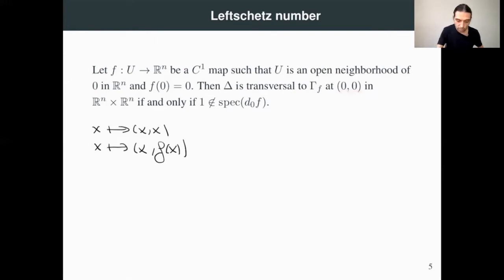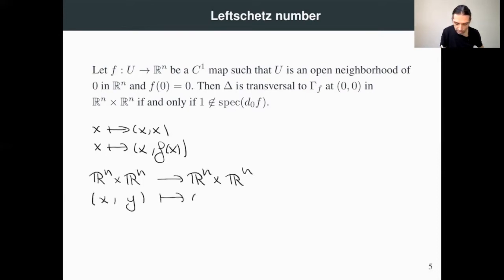But we can consider now the following map defined in Rn times Rn to Rn times itself that sends (x,y) to (x, y minus x). This is a linear map that is orientation preserving with the standard orientations of Rn, okay, that induce a product orientation in R2n.